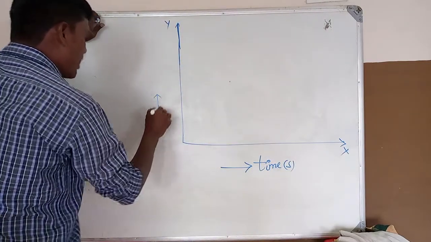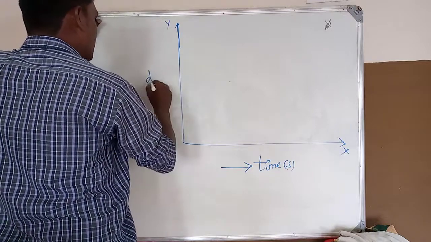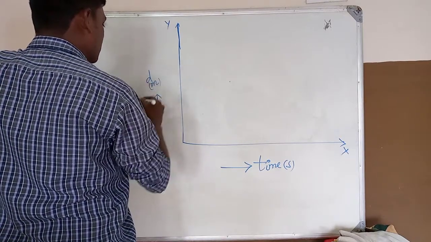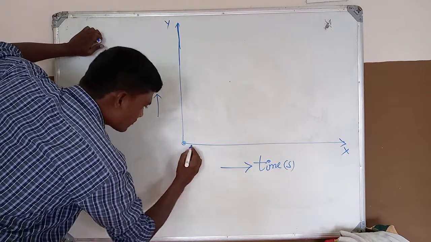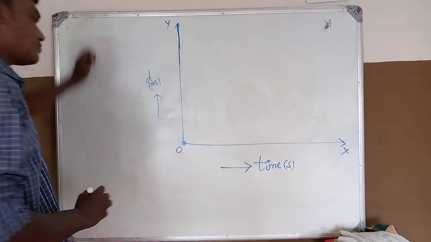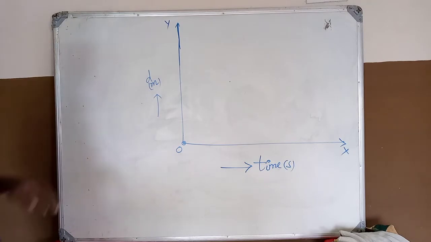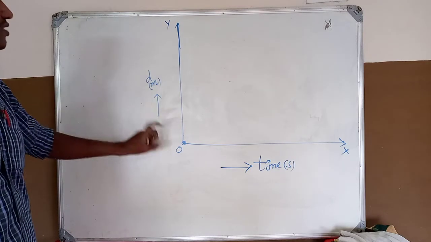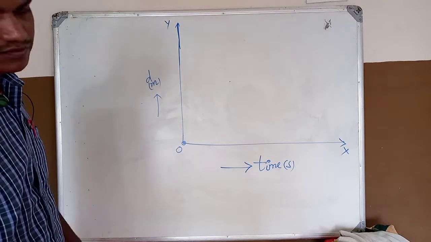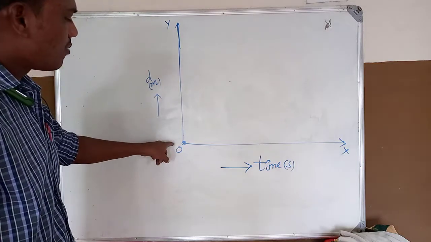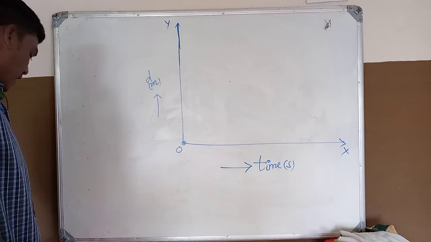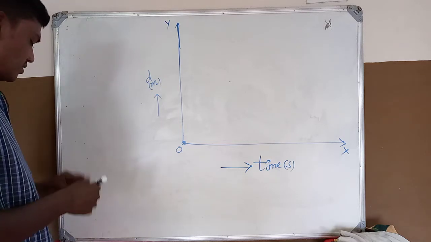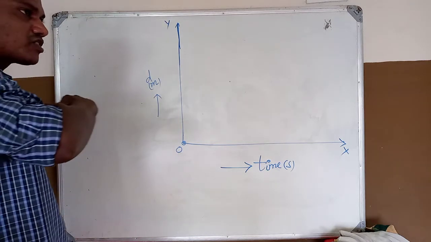On the y-axis we have taken the distance values in meters. According to the distance versus time graph, it is 0, which says that both started at the same point, where 0 means the tortoise and rabbit both started at the same point. Here we consider that the tortoise moves with a constant speed.